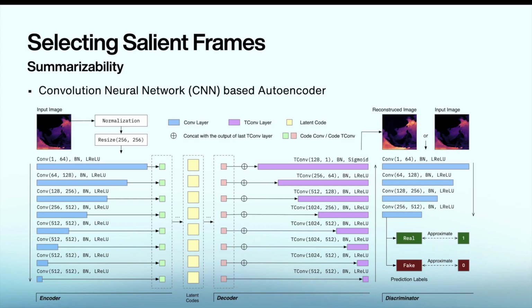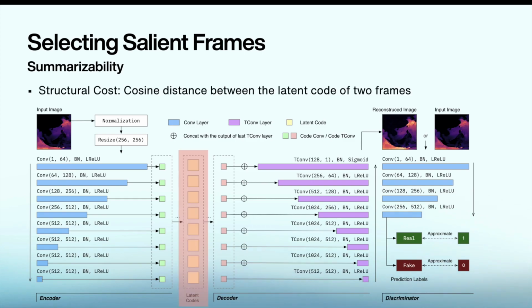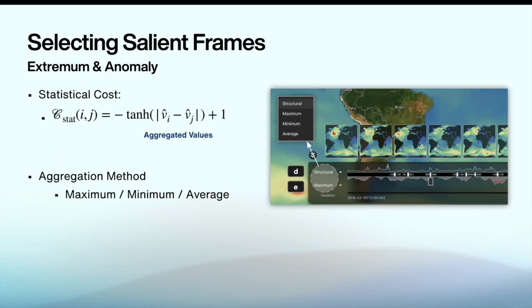The latent code is the concatenation of the output after each convolutional layer in the encoder. The structural cost is then computed using the cosine distance between the latent codes. The statistical cost computes the difference of aggregated values between 2 data frames, using aggregators including max, mean, and average, helpful for revealing the extremums and anomalies.